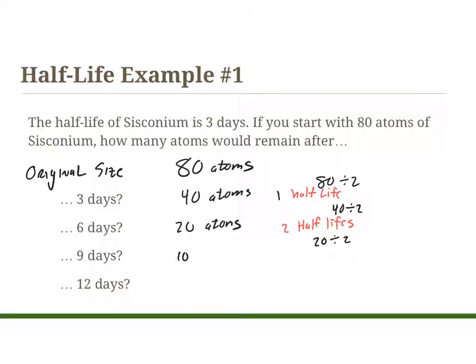And that would give me 10 atoms. And that would occur after 3 half-lives. And then lastly, after 12 days, I would take 10 divided by 2, which would give me 5 atoms. And that would be 4 half-lives. So after 4 half-lives, I'd be left with simply 5 atoms. And we could go further, and eventually we get down to nothing. But this is kind of what you need to understand.